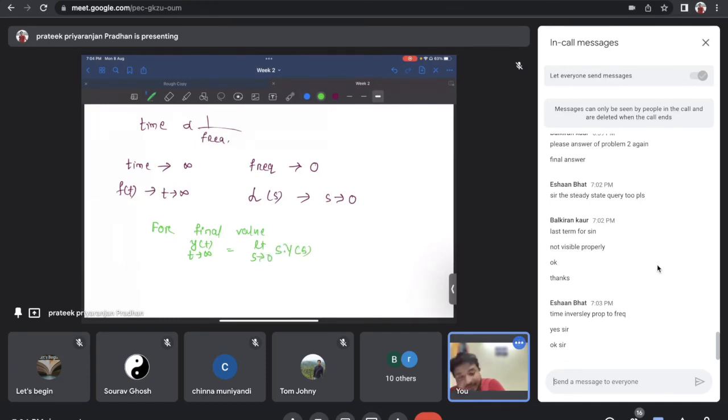I am not deriving how it comes; that's a big derivation actually. You can just remember this formula. Is it clear now, or did you want to ask something else, Ishan?